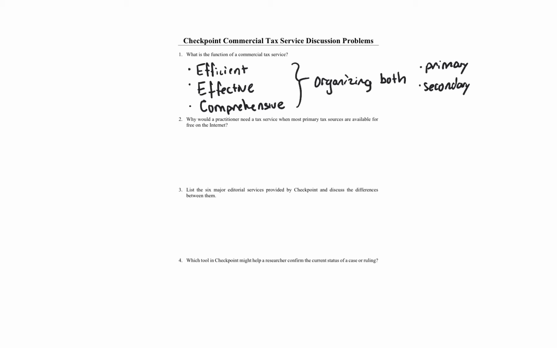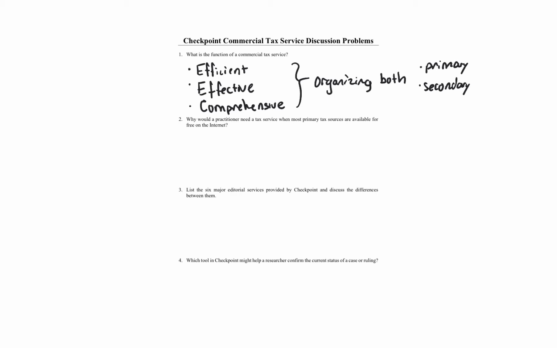So when you think of commercial services, it's a comparison of whether a tax professional should use a commercial tax service, which of course costs money, or use a free tax service like going on to the IRS website and pulling up revenue rulings, for example.